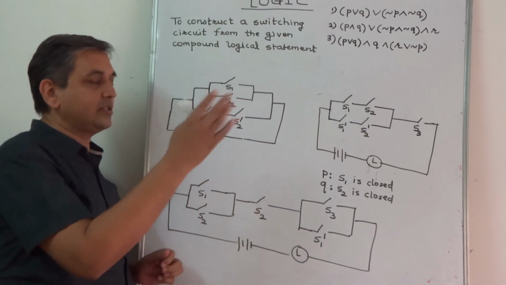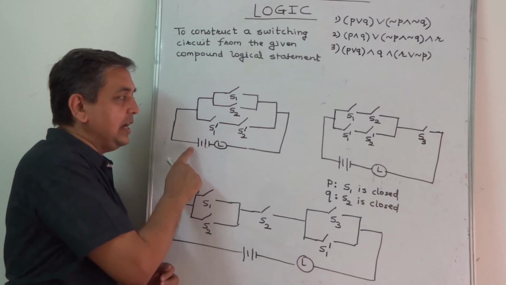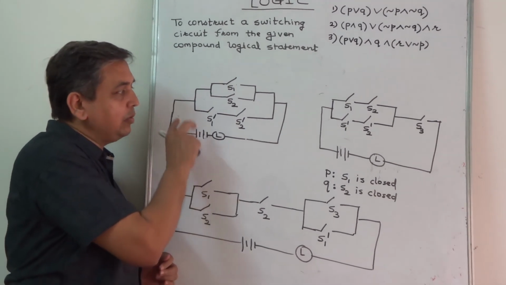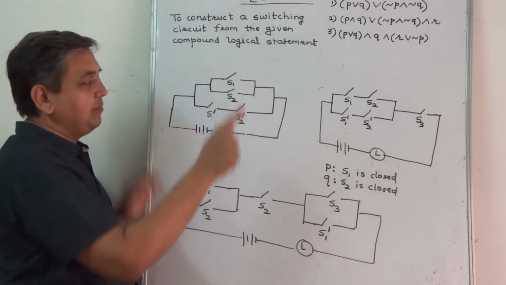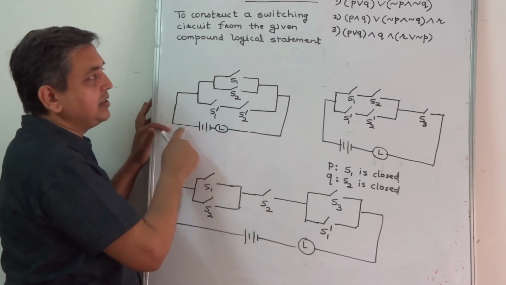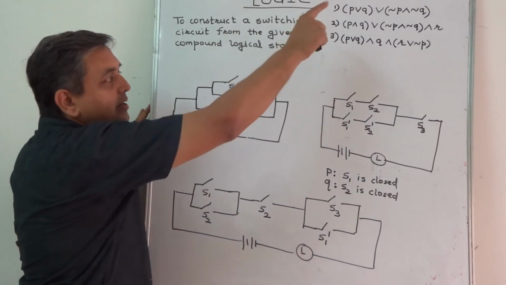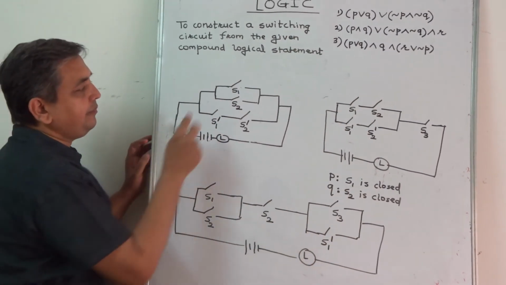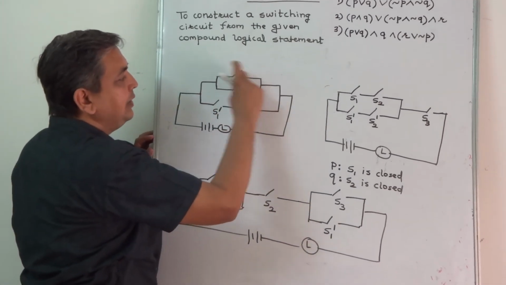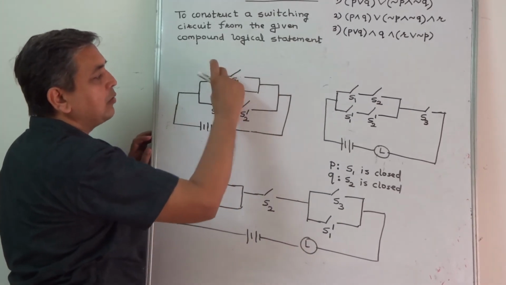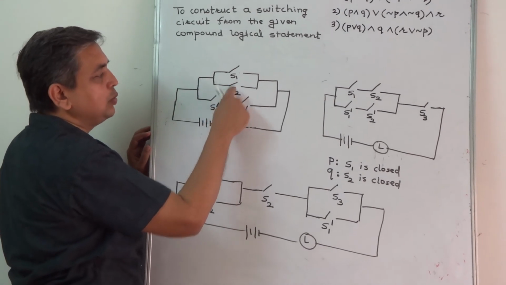Now there is a reverse question also. A circuit diagram is given and we have to write the symbolic form. If this is the circuit diagram which is given, can we write that statement? Let us check. We have one parallel combination, S1 and S2.